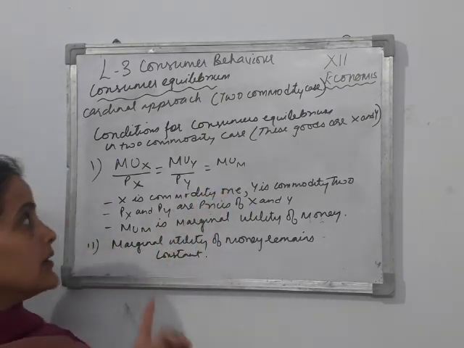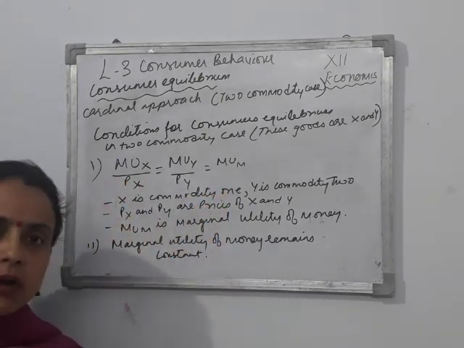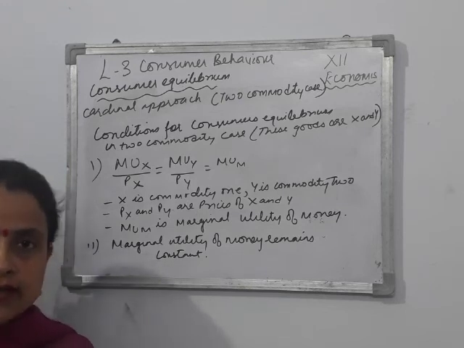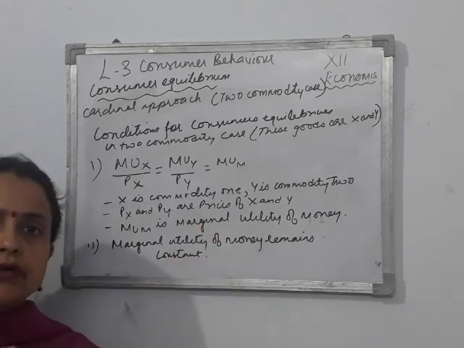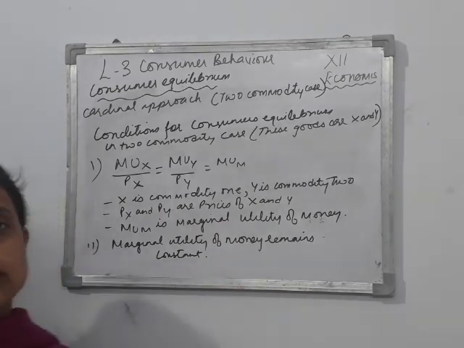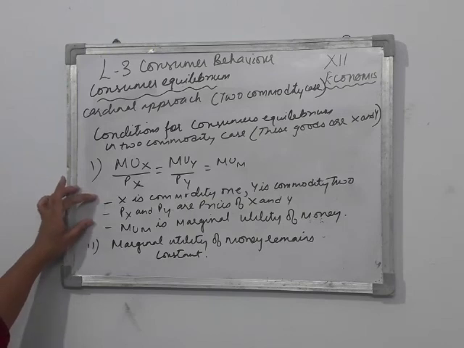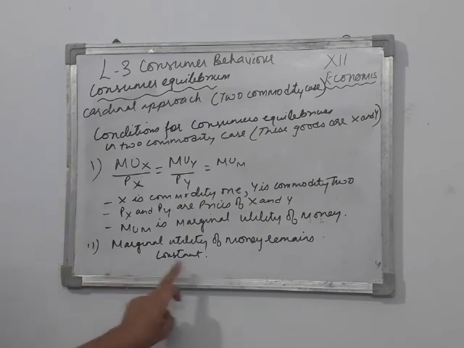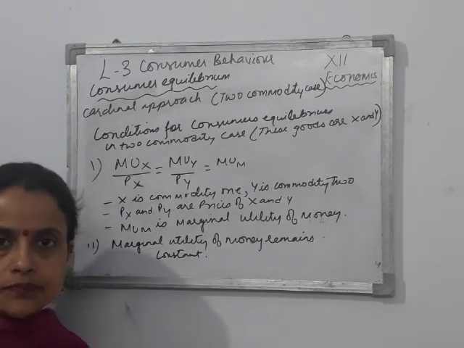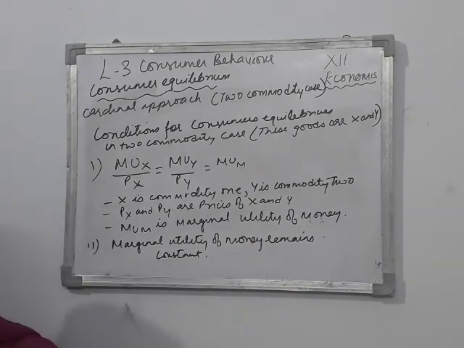That is, the marginal utility of X divided by price of X should become equal to marginal utility of Y, the second commodity, divided by price of Y, which should be equal to marginal utility of money. This is the explanation, and the second condition says that marginal utility of money should remain constant.